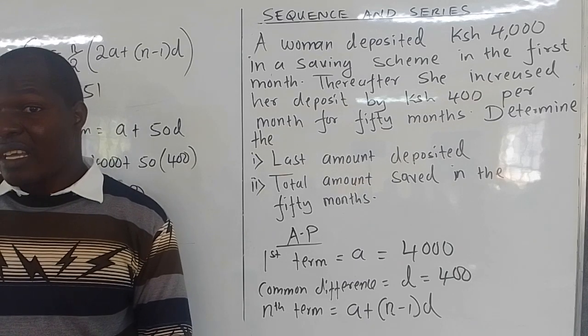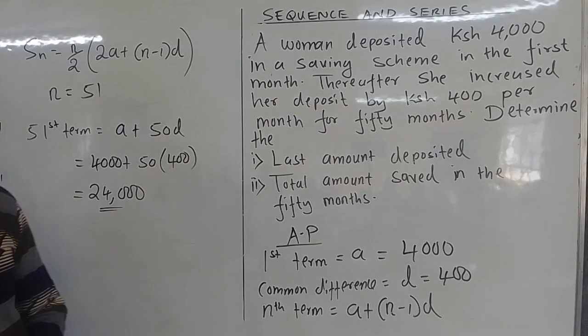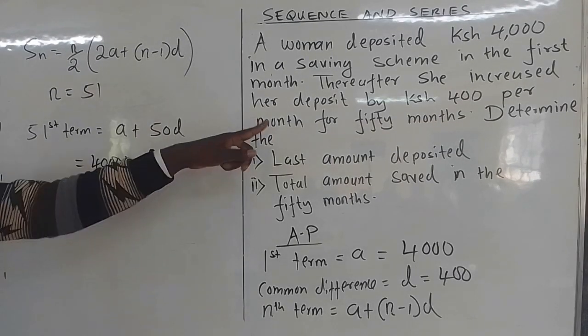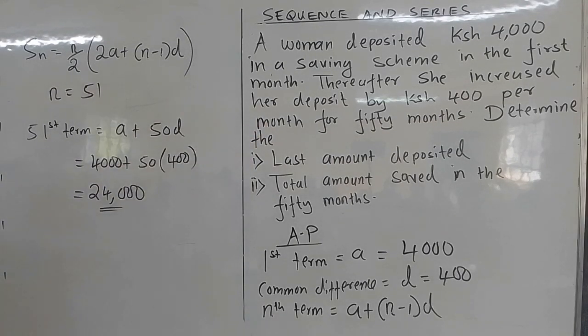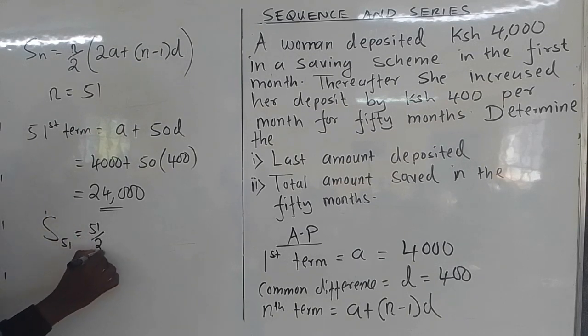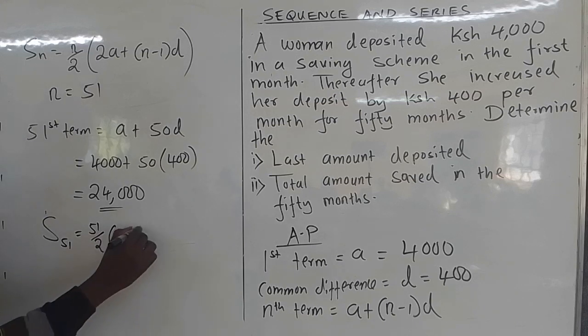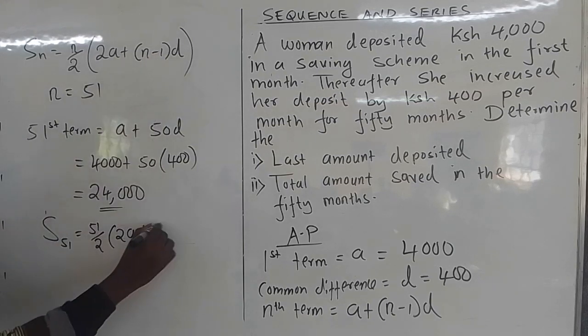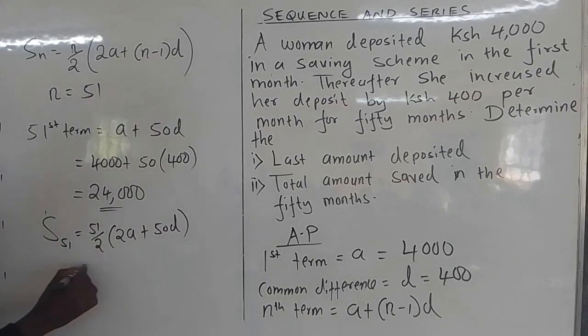Are we together? So what do you do there? You look for the sum of 51 terms first of all, isn't it? Which will be, where there is n, you put 51, 51 over 2 into 2a plus 51 minus 1 times d, that is 50d. So what do you get?